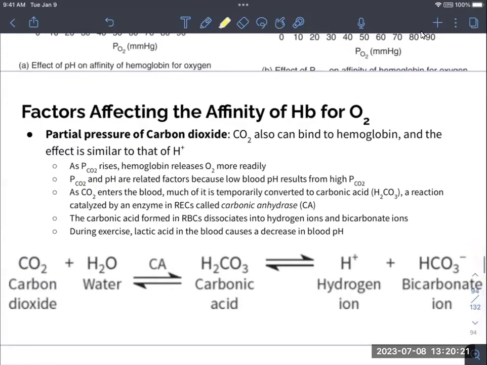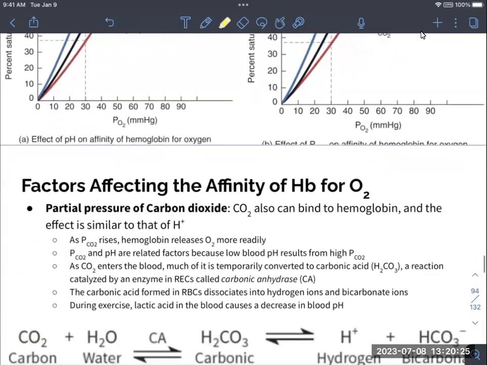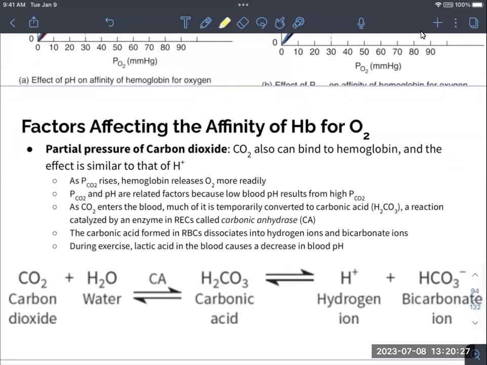So let's look at the partial pressure of carbon dioxide. That's what the second chart is about. We'll come back and look at it in a second after we explain it. So the partial pressure of carbon dioxide, because carbon dioxide can also bind to that hemoglobin, has a similar effect that hydrogen does with that acidity.